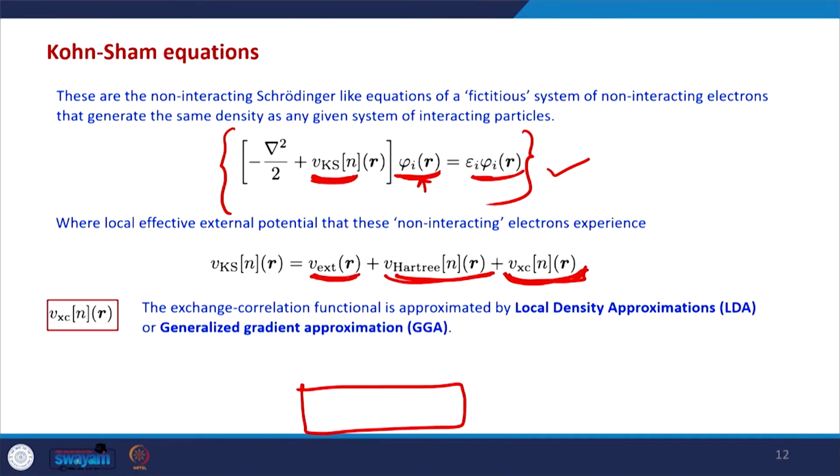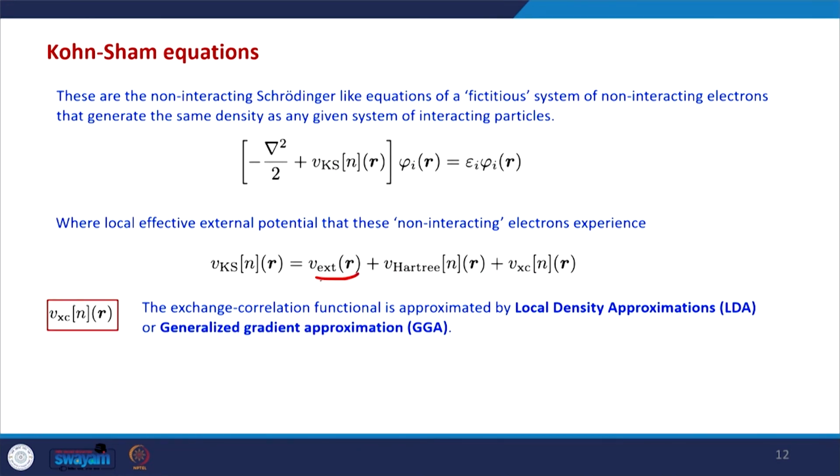The first one is the electron-nuclear interaction, which is relatively easy to calculate. The second, the Hartree potential, which is the effective electrostatic potential arising out of electron-electron interaction, depends on the electron density, so it is also a functional of electron density. Also, the exchange correlation potential is a functional of electron density. The Hartree potential functional is calculated from Poisson's equation.